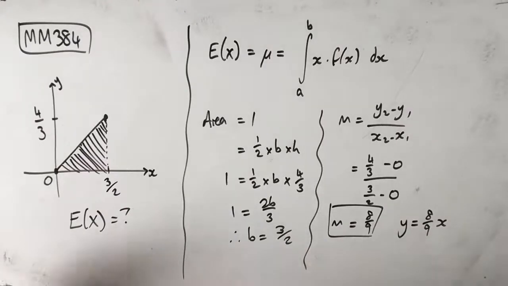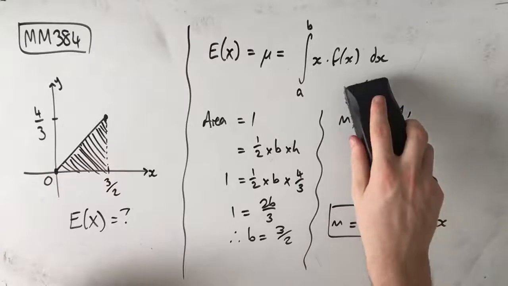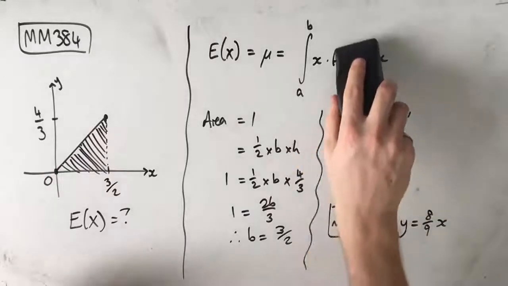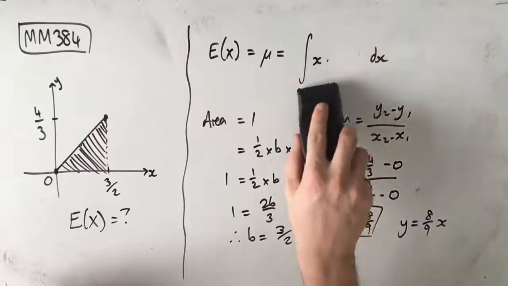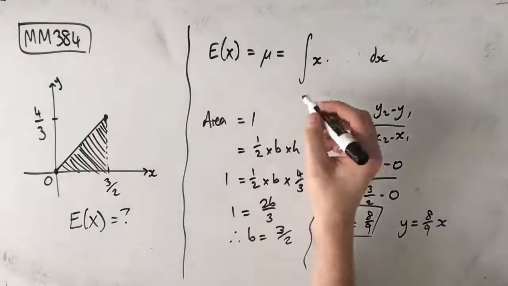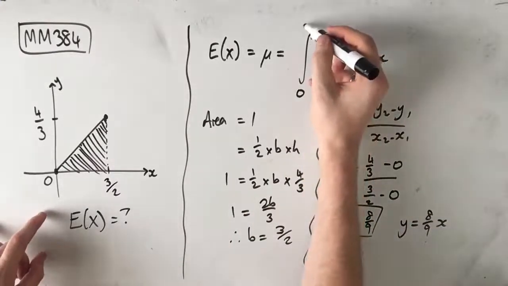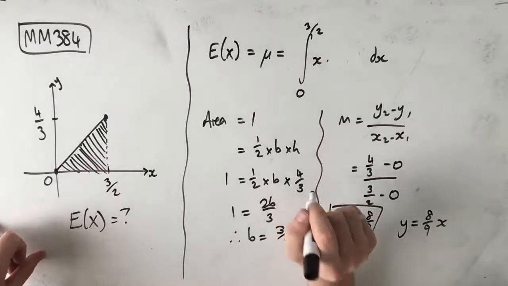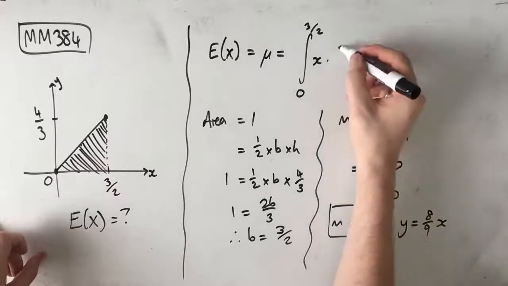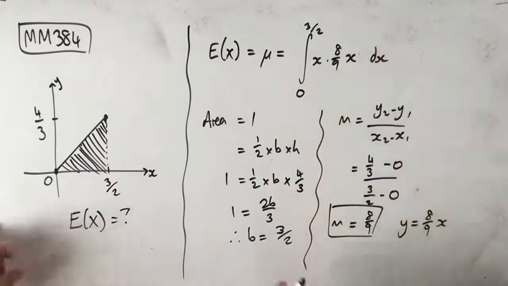Awesome. So from here, we can actually sub this into here, and also our lower and upper bounds as well. So we now know that our lower bound is 0, and our upper bound is 3 on 2. And our function is 8 on 9x. Sweet.